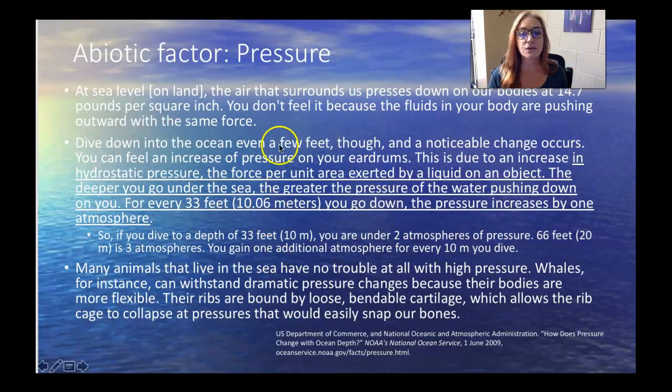So if you dive down to 10 meters, you are now under 2 atmospheres of pressure. 1 from the surface and 1 more as you went down that 10 meters. If you go down another 10 meters, down 20 meters, you're at 3 atmospheres. So you get 1 additional atmosphere for every 10 meters that you go down.